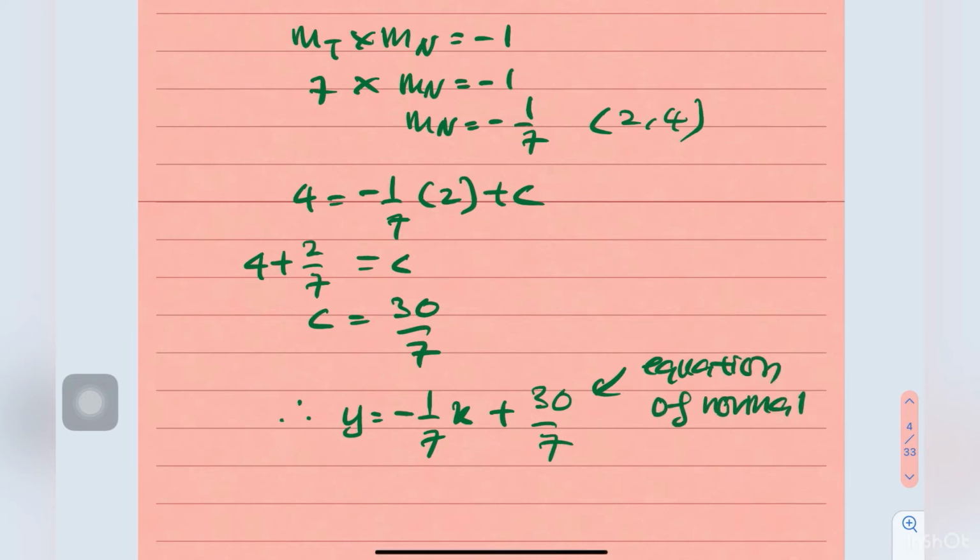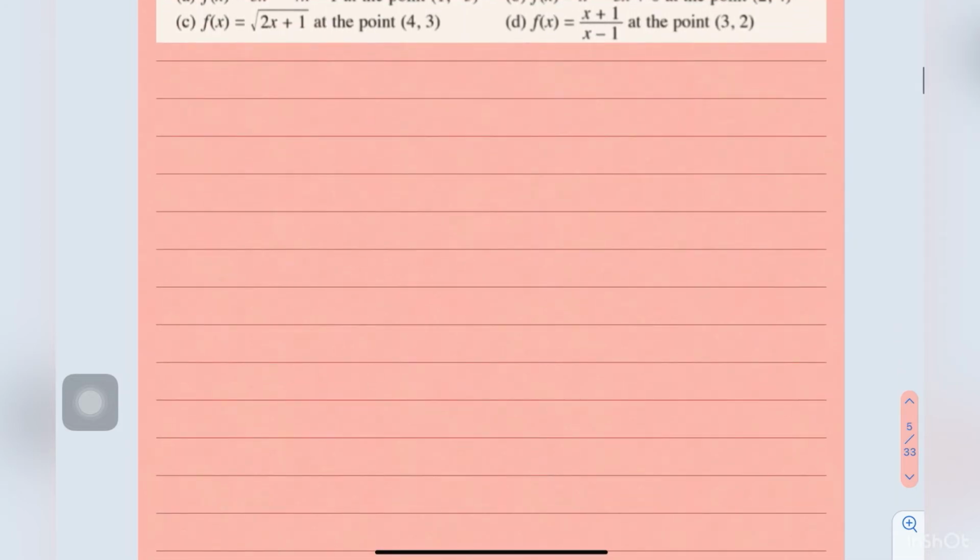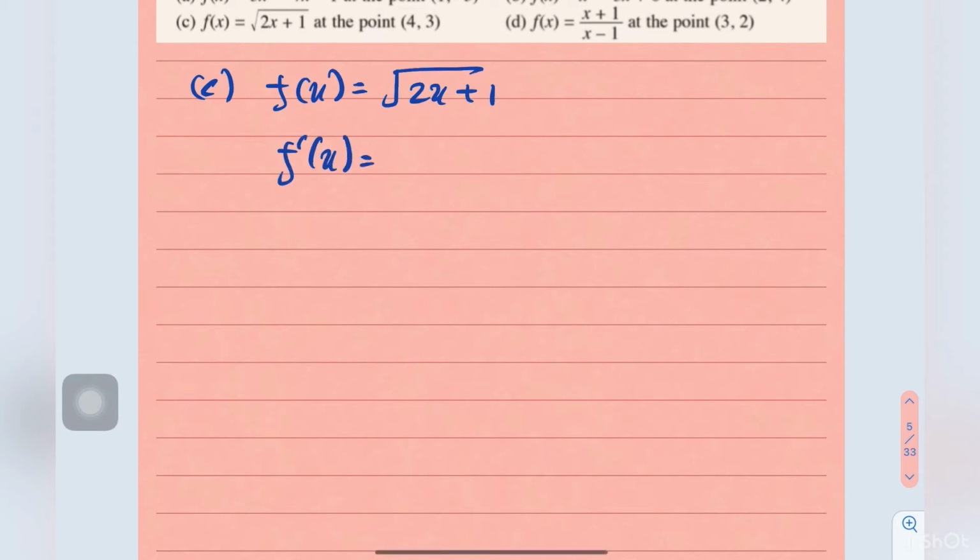Okay, so the next question, question C. Here we have f(x) equals square root of 2x plus 1, which is (2x plus 1) to the power of 1 over 2.